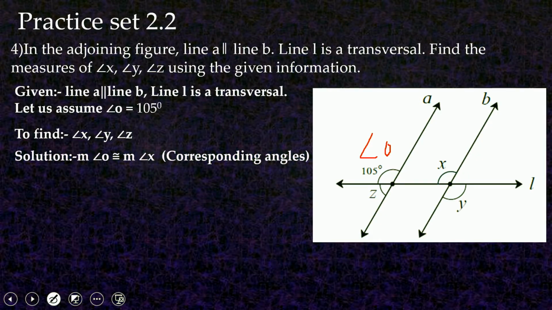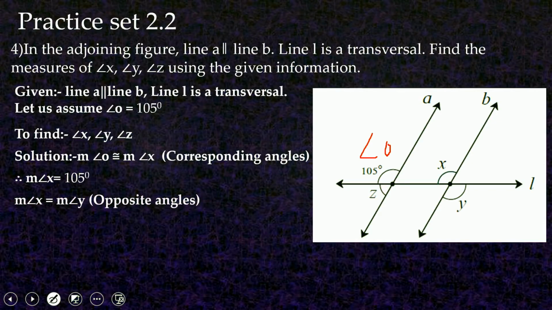Measure angle O is congruent to measure angle X. The reason is corresponding angles. Both are corresponding angles. Yes or no? So measure angle X is 105 degrees. Measure angle X is equal to measure angle Y because both are opposite angles.